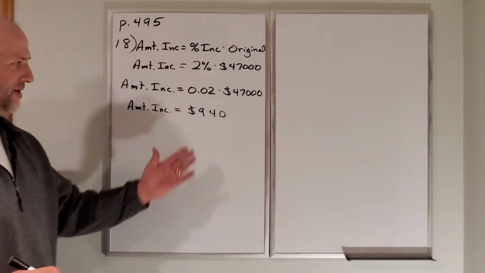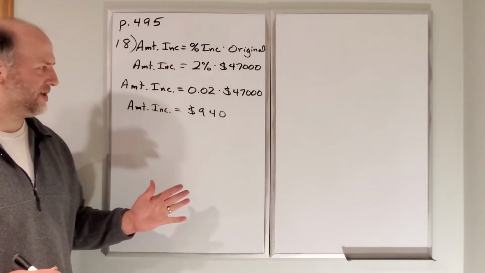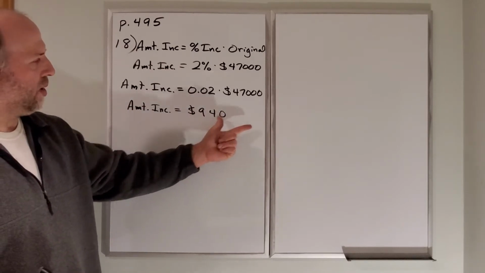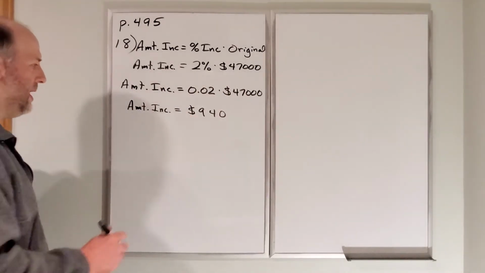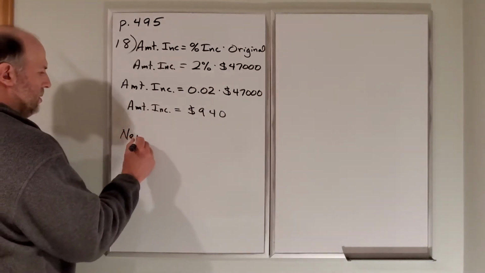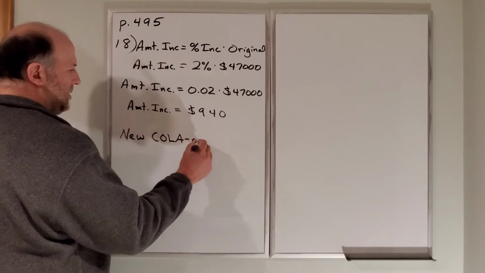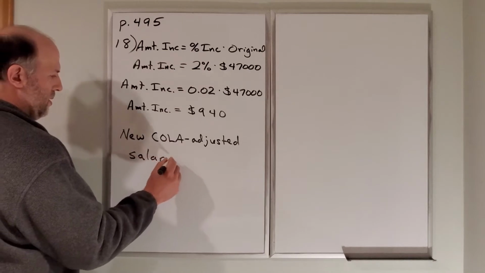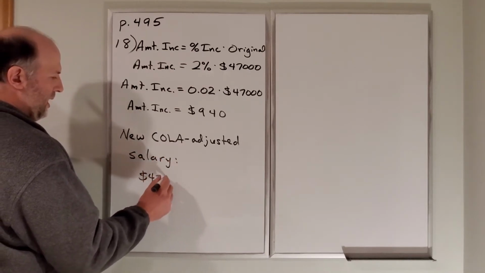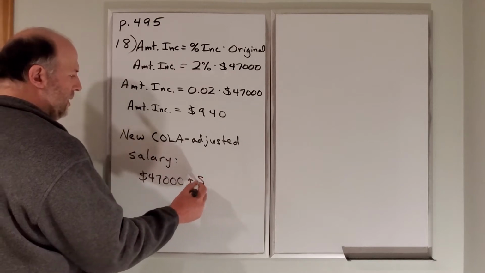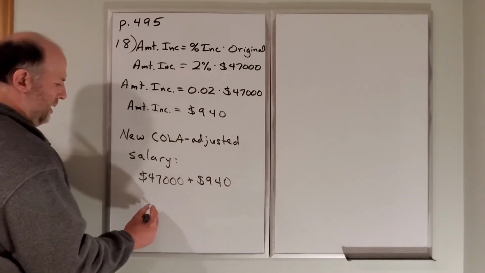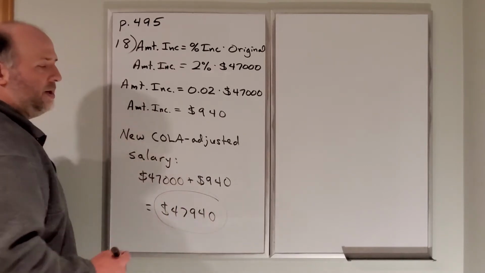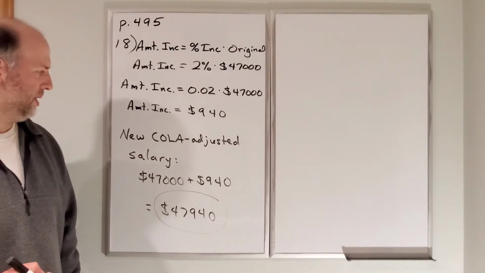This is obviously not going to be the employee's new salary all of a sudden. That'd be kind of a shock going from this down to this. No, this is the amount we're going to add to the employee's current salary to get his new COLA adjusted salary. You take the original salary, add the increase to it, and you get the brand new salary based on the cost of living raise adjustment.